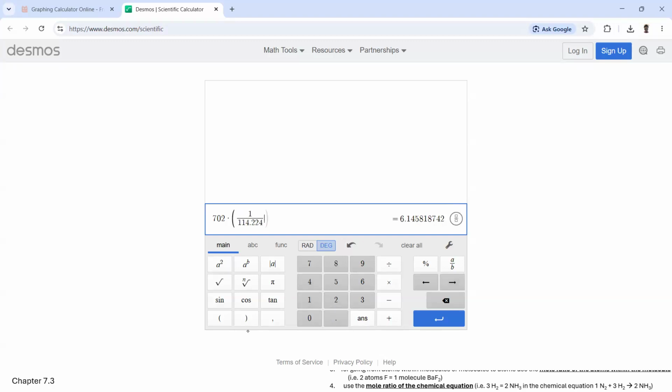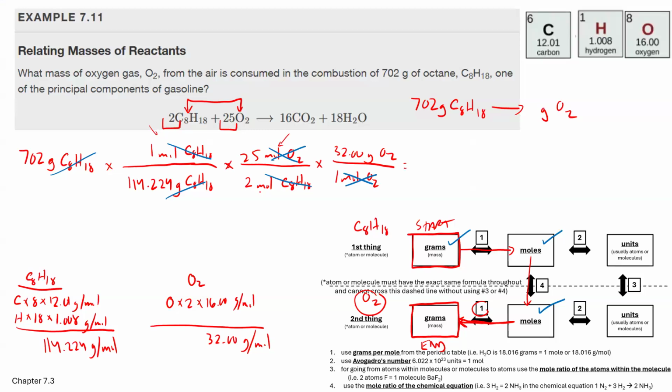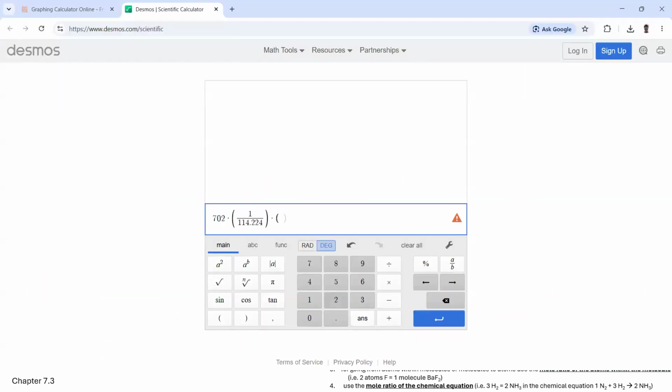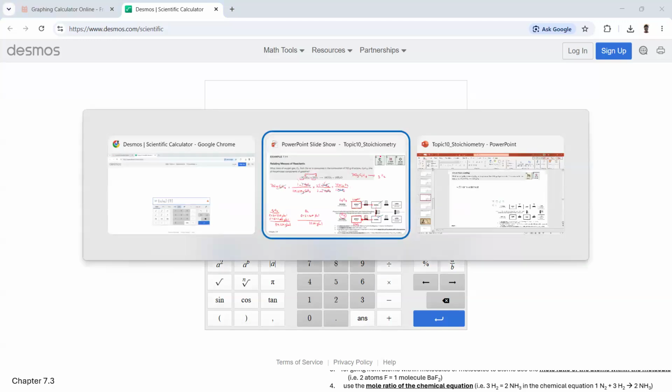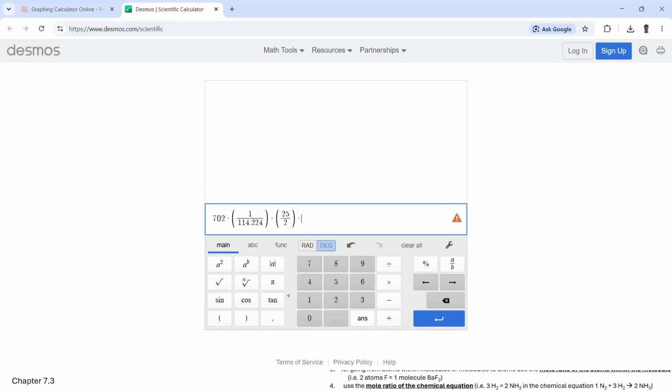I'm going to move that over a bit, put the close parentheses, times, open parentheses, 25 divided by 2. So 25 divided by 2, move the arrow over, close parentheses, times, this should be 32 over 1. So open parentheses, 32 divided by 1. Like I said, you don't have to do it this way. I recommend doing it this way just until you learn.